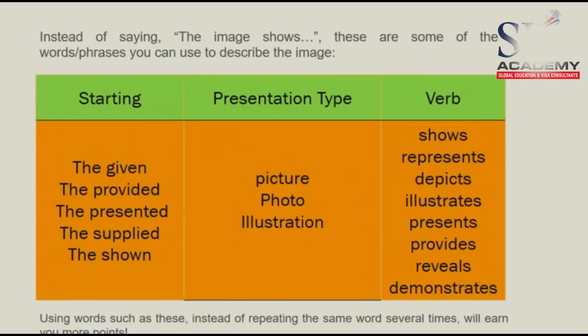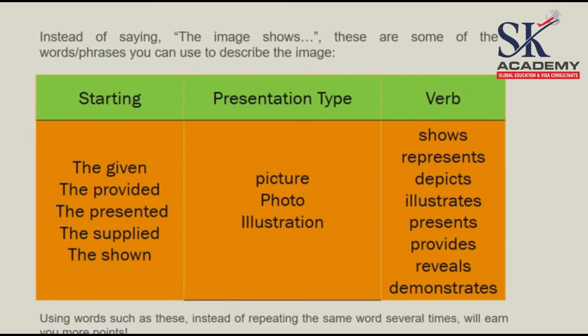Instead of saying the image shows, there are some of the words or phrases you can use to describe the image. Such as, you can start your sentence with the given, the provided, the presented, the supplied, the shown. Same, you can replace the word image with picture, photo or illustration.